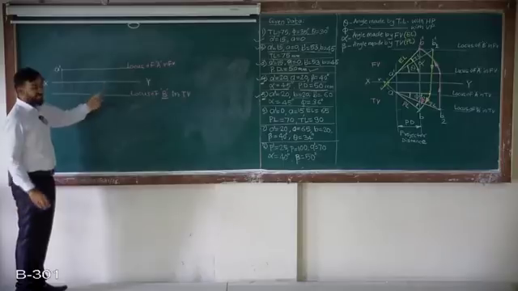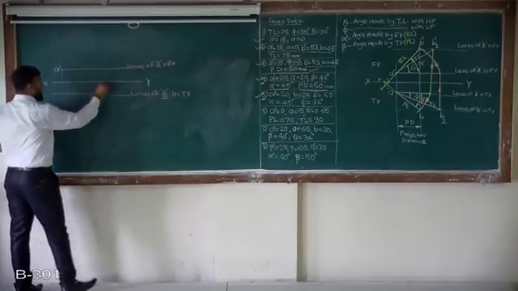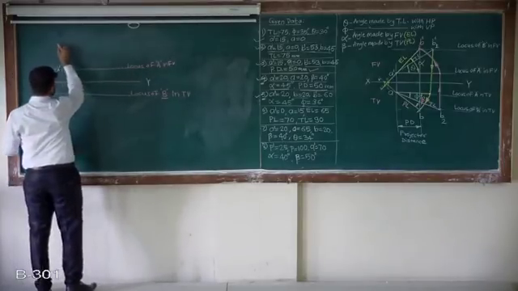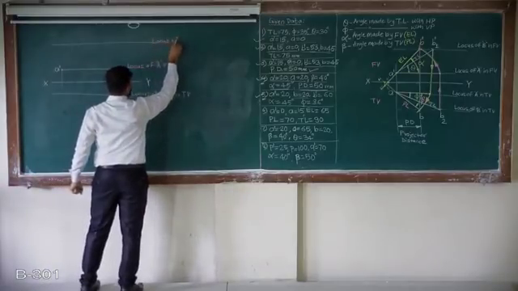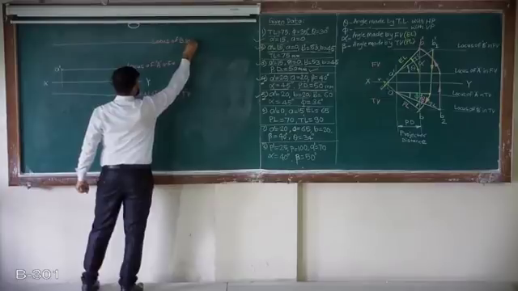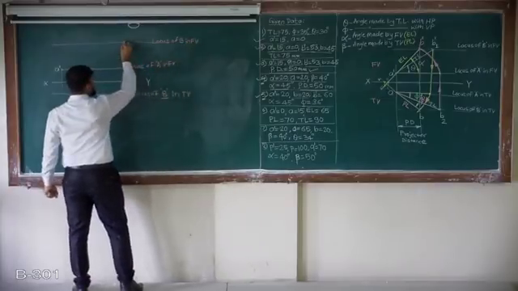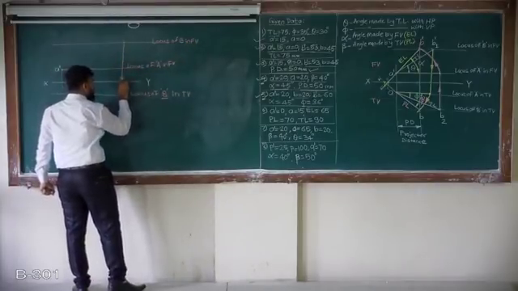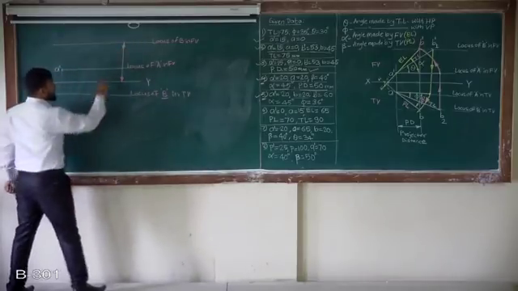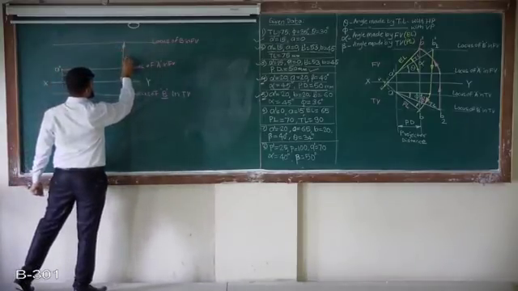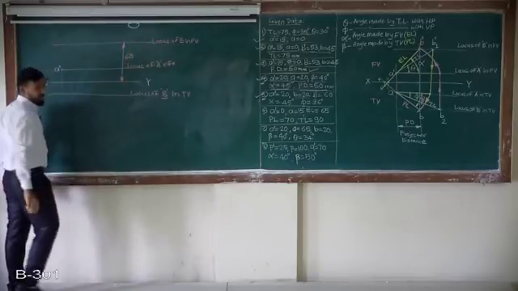Point B is 60 mm above HP. From XY I will mark a 60 mm locus line. So this is the locus of point B in front view. Remember, the distance should be from XY because it is above. So this distance above XY is 60 because the locus of B is given.